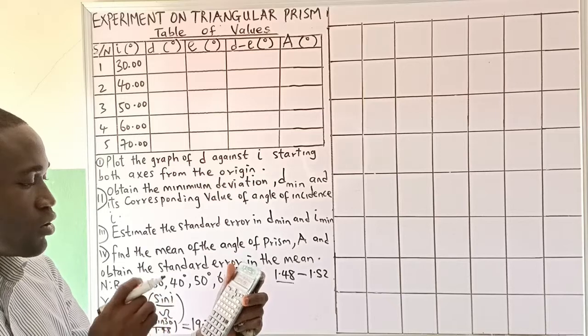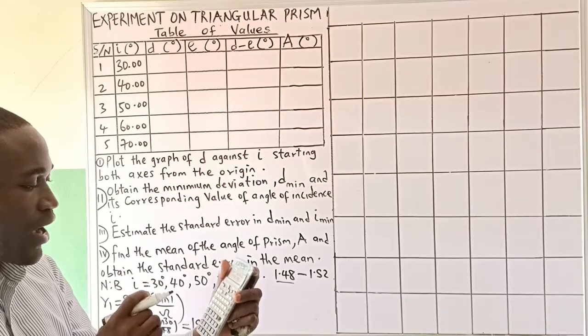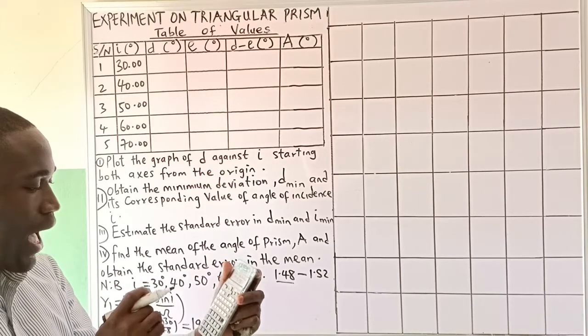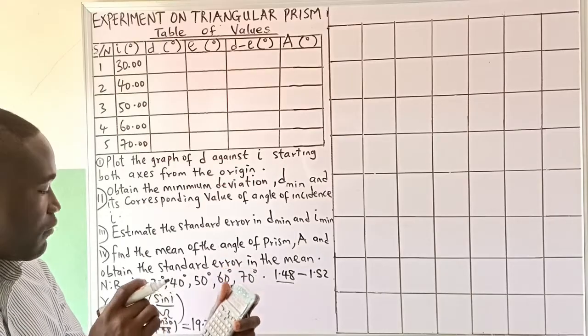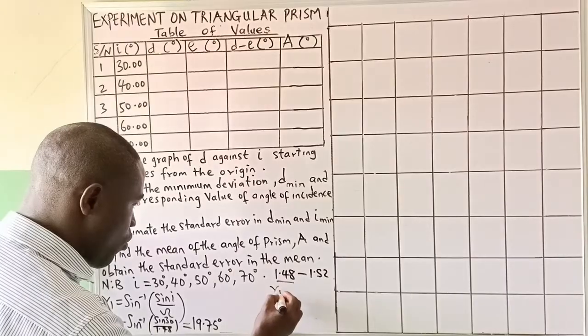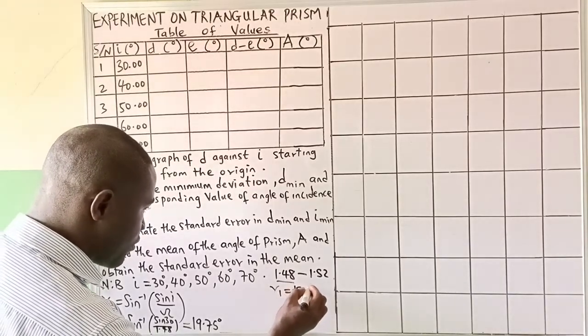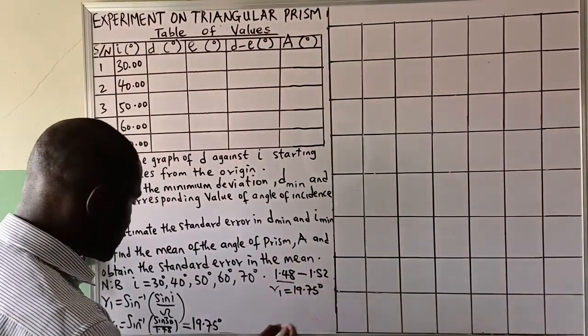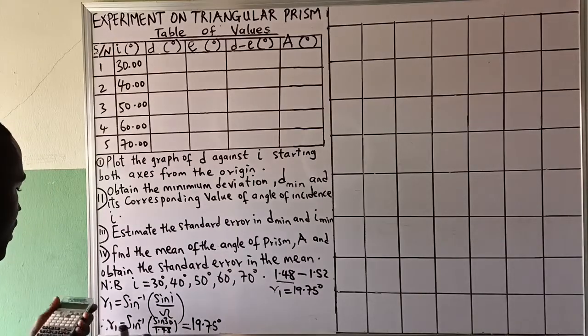That will give you 19.7451981. I will approximate it to 19.75, that is to 2 decimal places. I will now have my r1 equal to 19.75 degrees.